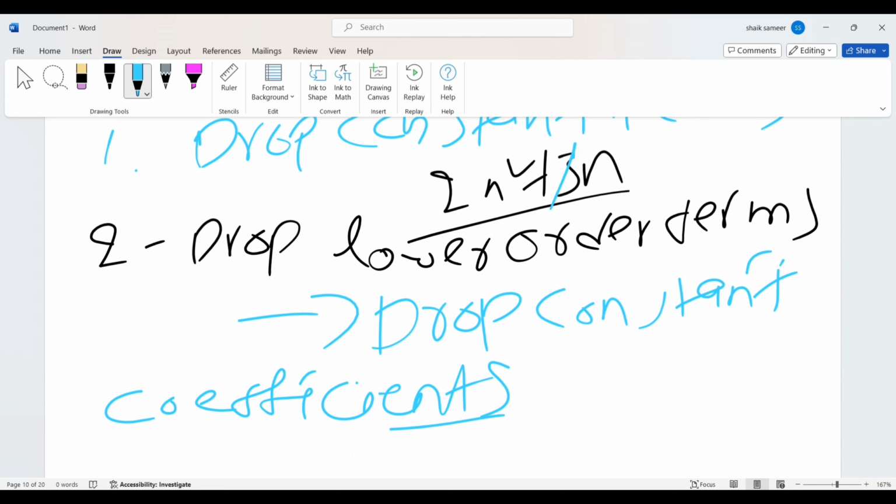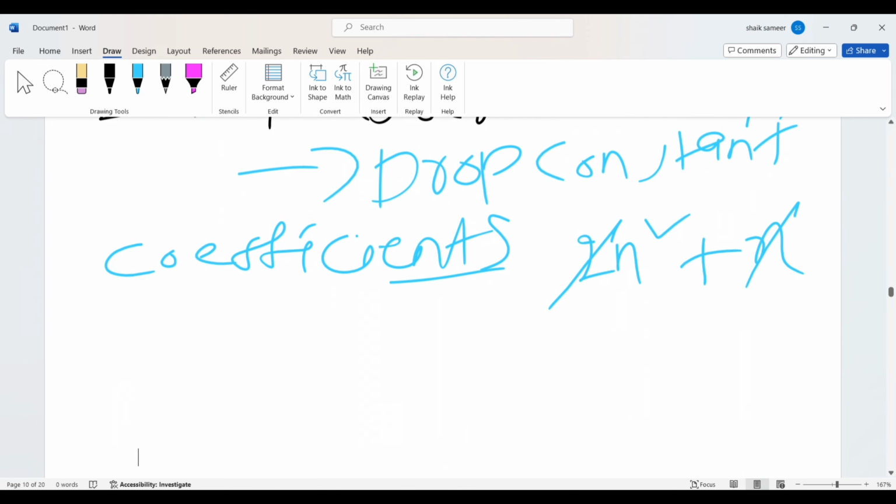Next, drop constant terms. Once again, n can be dropped. Next, drop the coefficient, so it becomes 2n square. Then plus n. Drop constant terms; once again, n can be dropped. Next, you can drop the lower order terms. Next, 2 can be dropped. Understand? So the answer becomes f of n equals Bigoh of n square.